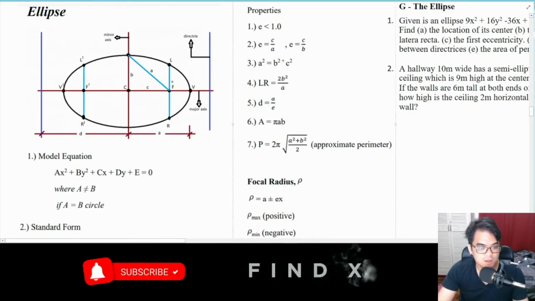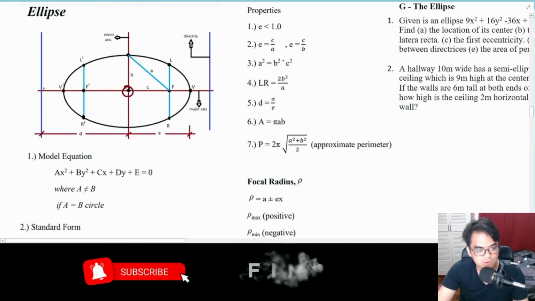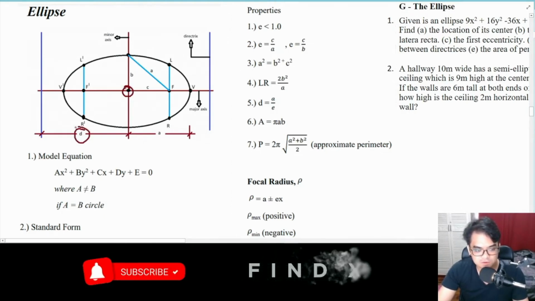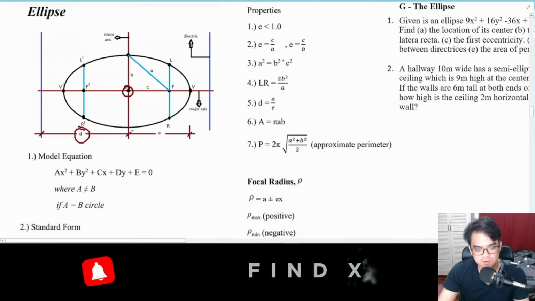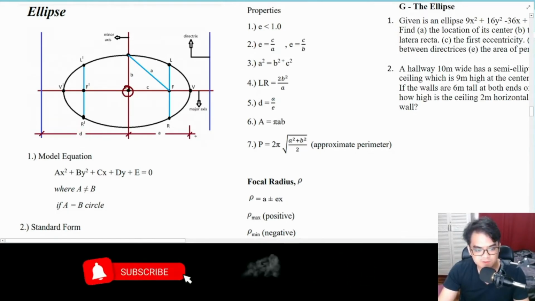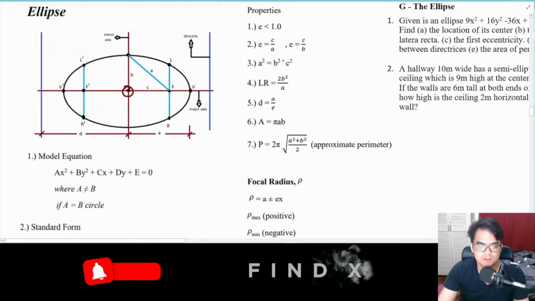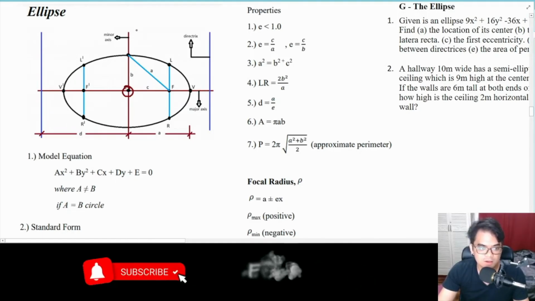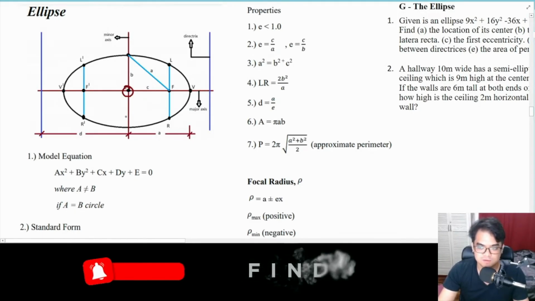Okay? And then the distance from the center to the directrix is D. Center to directrix. So if you want to find the distance between two directrices, that will be 2D. Okay? So the major axis will always be the longer one, and the minor axis will be the shorter one.